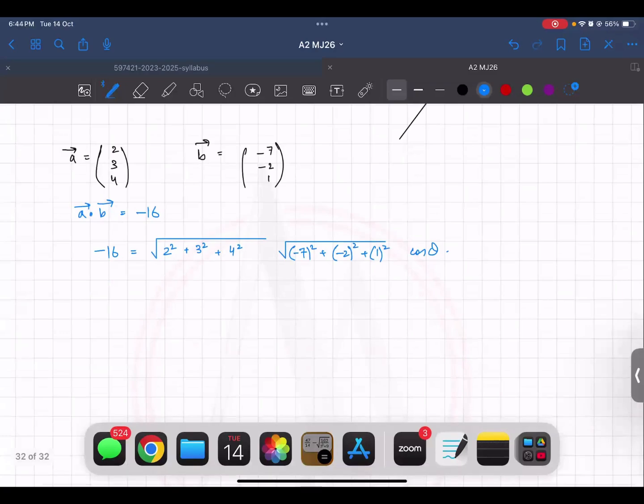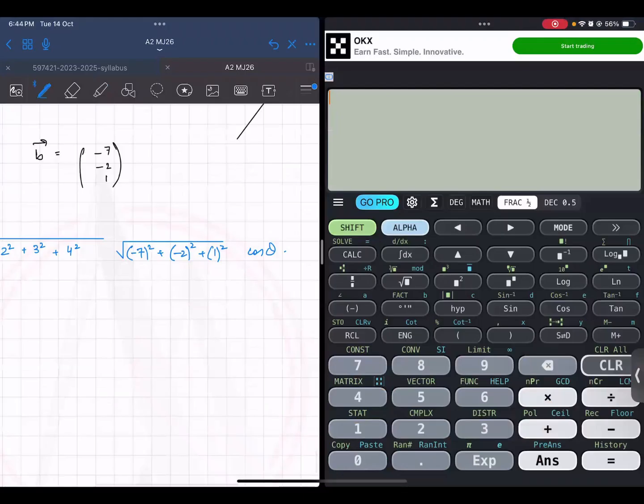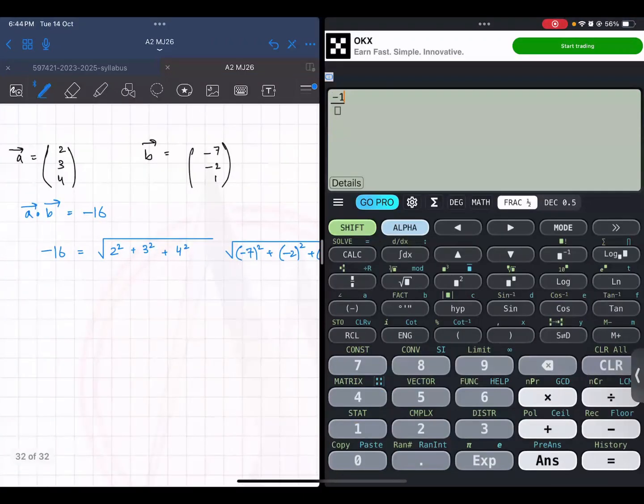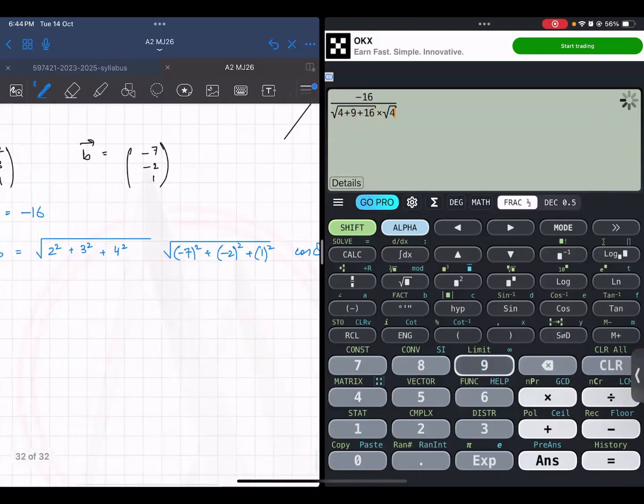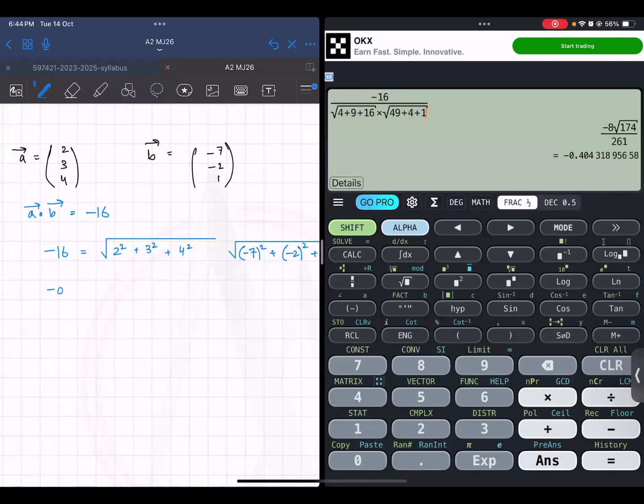Then you will use your calculator. Minus 16 upon the square root of 4 plus 9 plus 16 multiplied by the square root of 49 plus 4 plus 1. So negative 0.4041, something like that. And this equals cos theta.